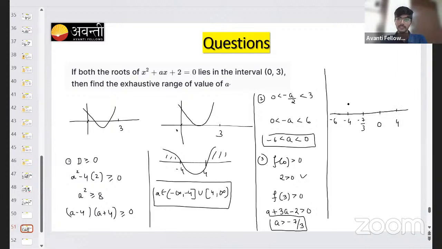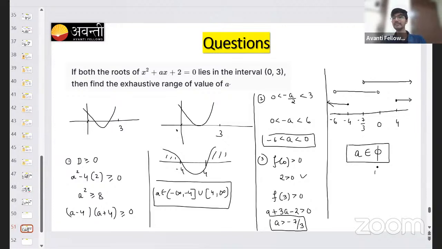So एक तो है -4 से इंफिनिटी और 4 से इंफिनिटी। सेकंड इज -6 से 0 तक, and the third is -7/3 से ज्यादा. So as you can see, there is no possible value of A.